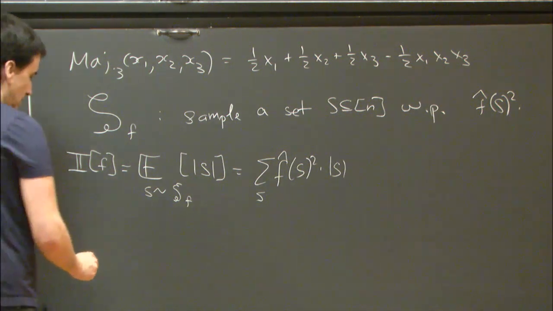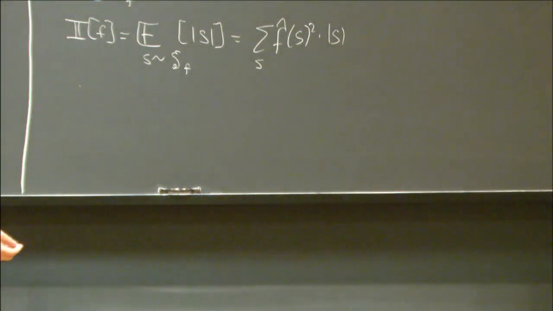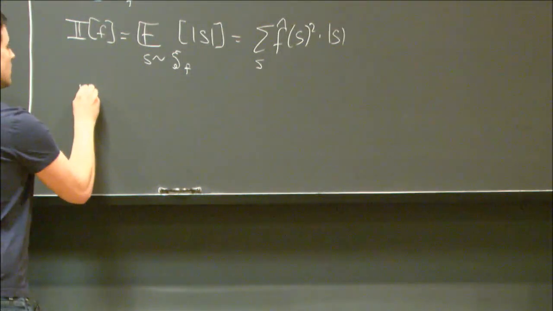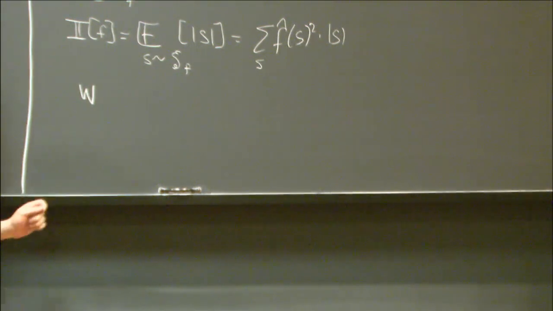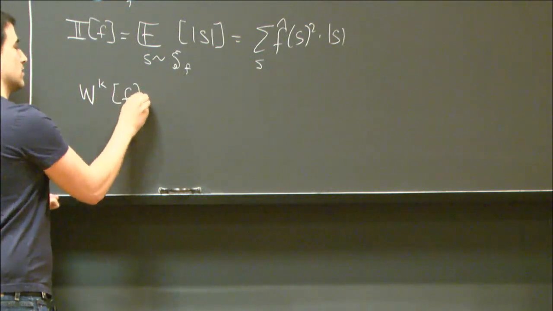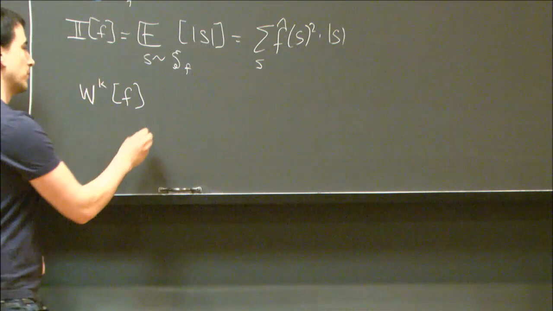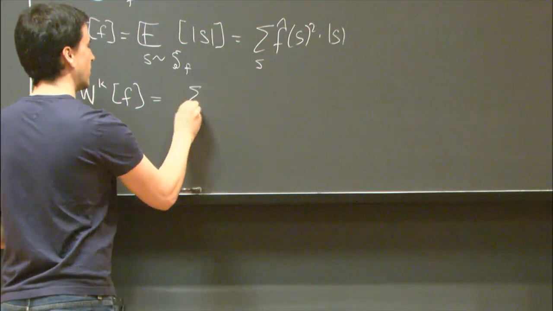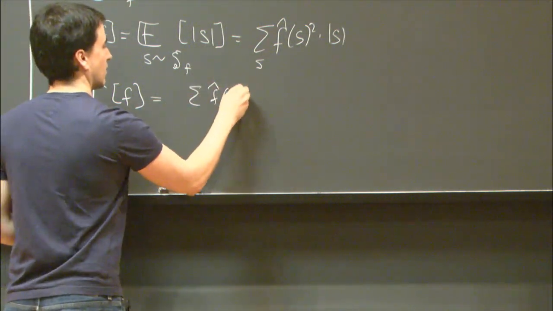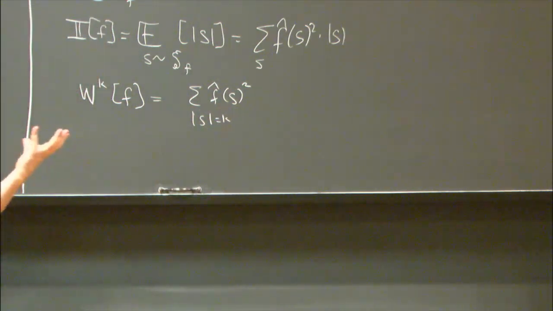Another thing that we will be interested in, which is the main topic of this talk, is the Fourier weights and the Fourier tails. So what is the Fourier weight? For every number k between 1 till n, or 0 till n, we just take the sum of squares for sets of size k. So we ask how much mass we have on sets of size k.